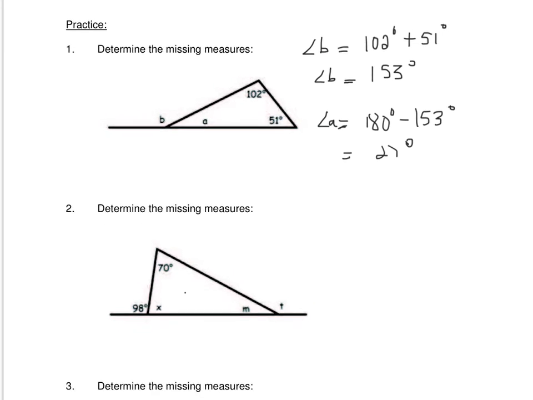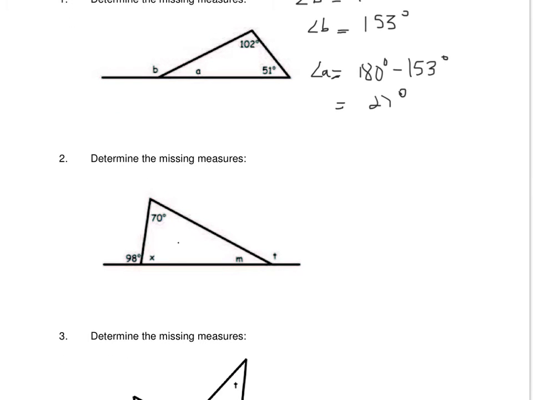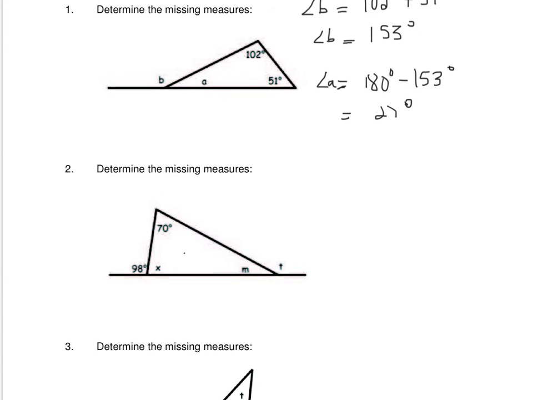Okay, the next example. We know that x has to be 180 minus the 98, which is going to be 82, because they have to add up to 180 degrees, they form a straight line.